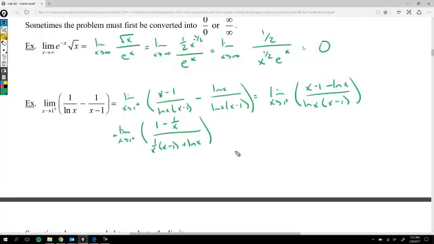Okay. I can simplify this just a little bit, so I'm going to go ahead and do that. Alright, that just gets rid of this product here. And so if I plug in 1 at this point, I still get 0 on top, I still get 0 on bottom. So I'm going to take the derivative again.